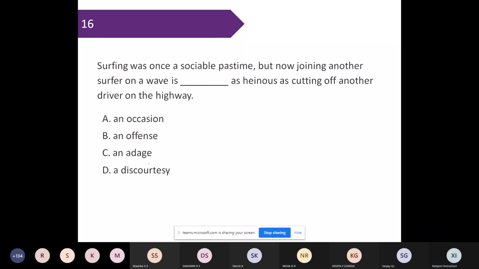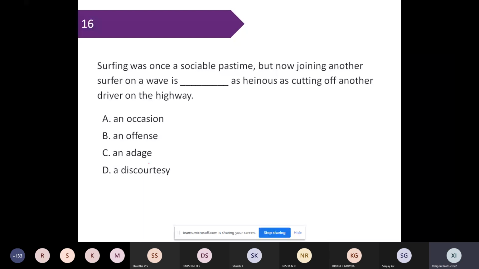Find out the guess word. Okay, good. The guess word is bad.